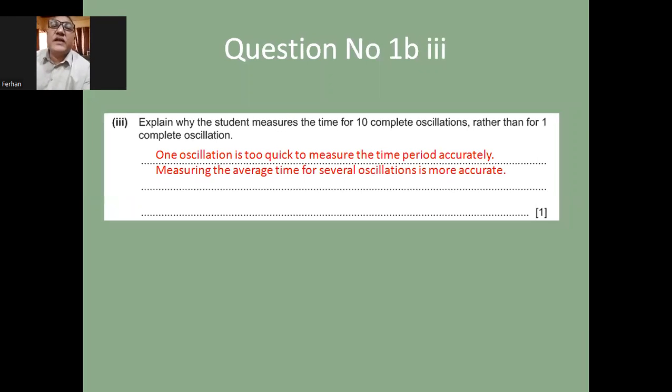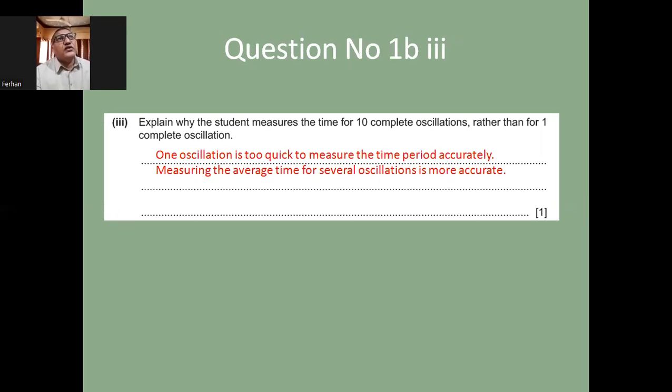He says, explain why the student measures the time for 10 complete oscillations rather than for one complete oscillation. You see the time period for one swing is 0.76 seconds. The reaction time of the human is something like 0.5 seconds.